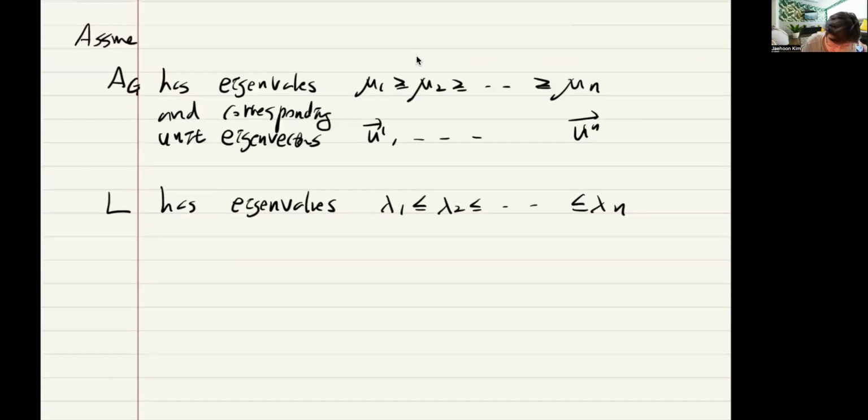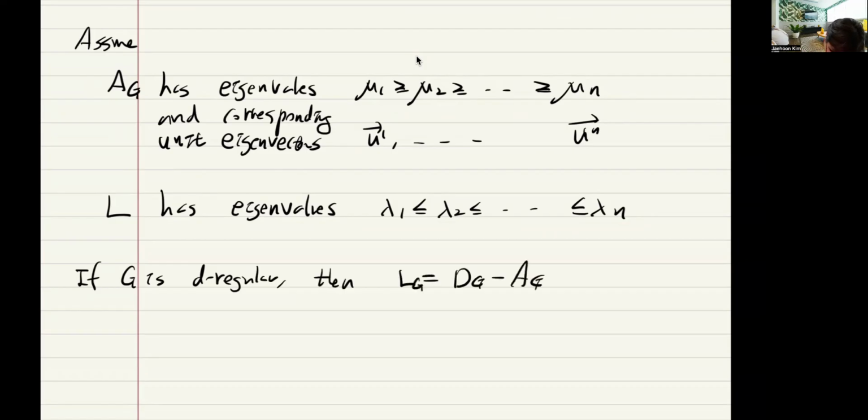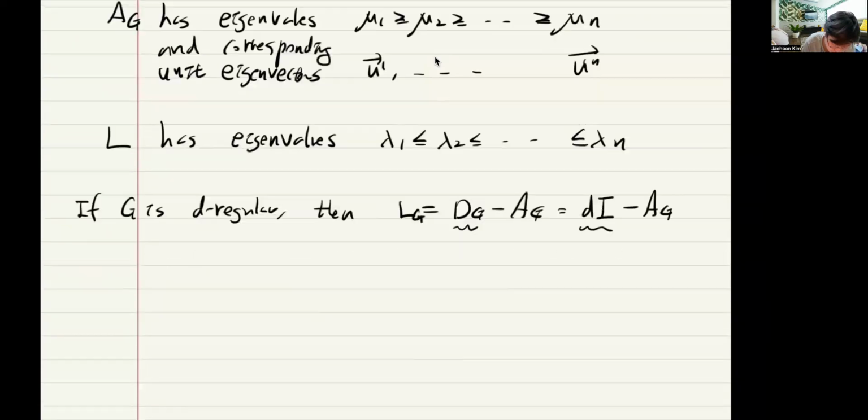Why is this a decreasing order and why is this an increasing order? There is some relation between these two. Let's say the graph is d-regular. The Laplacian is nothing but the degree matrix minus A of G, and this degree matrix is nothing but d times I in the d-regular case.